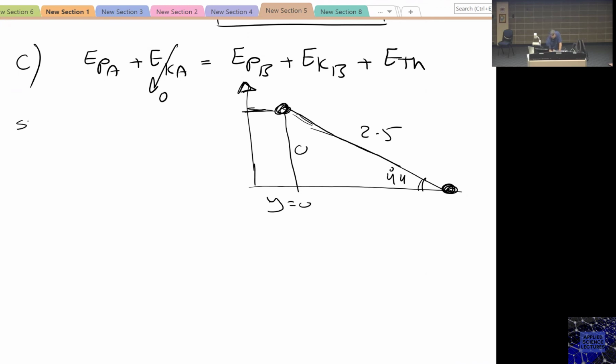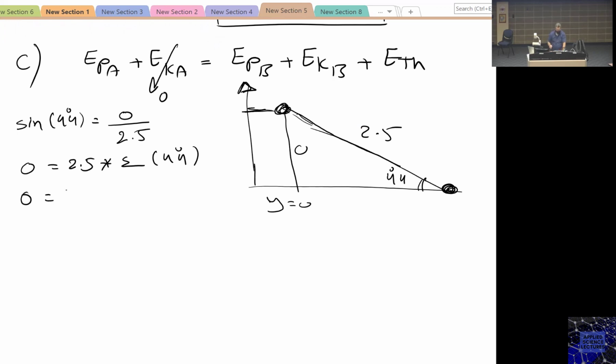So I have here sine 44 degrees equals the opposite divided by hypotenuse. Then this opposite equals 2.5 times sine 44 degrees, which equals 1.74 meters. So now this is my height that I need to calculate the gravitational potential energy at.